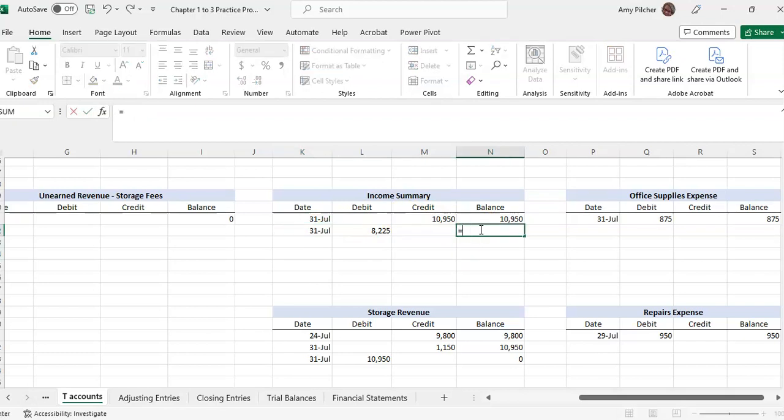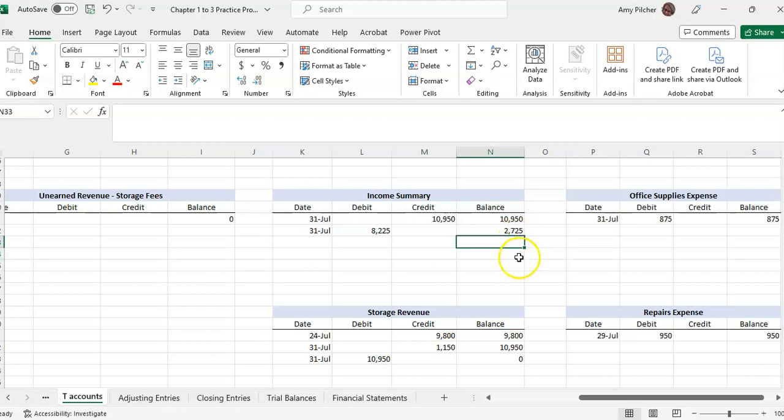So now our balance should match what you have in your income statement. Okay, so that's a check, that should match your net income or loss.